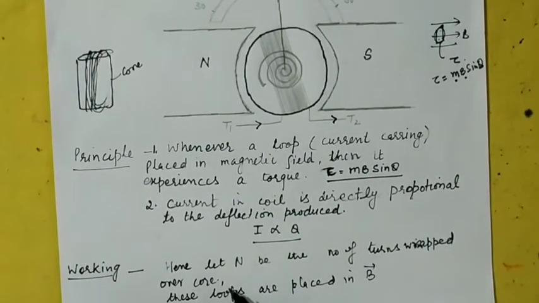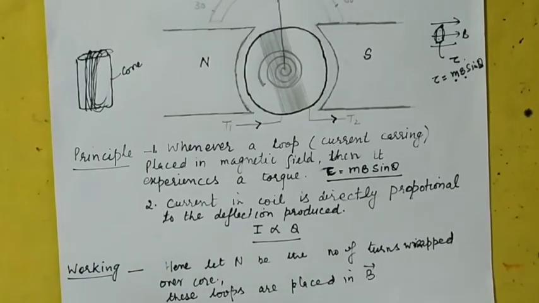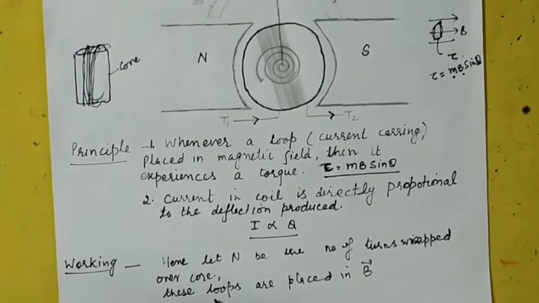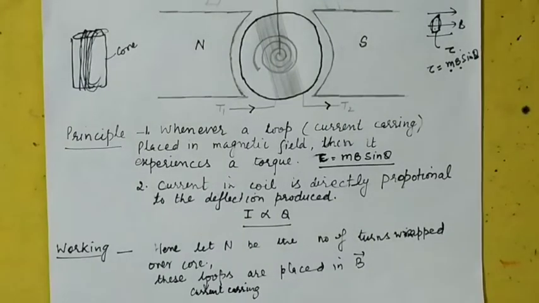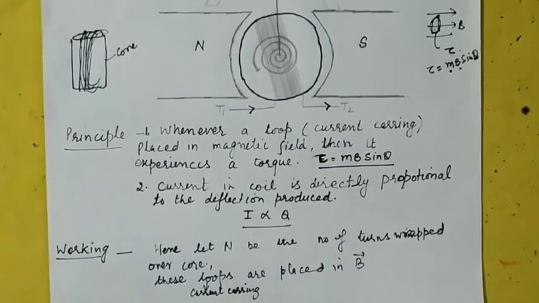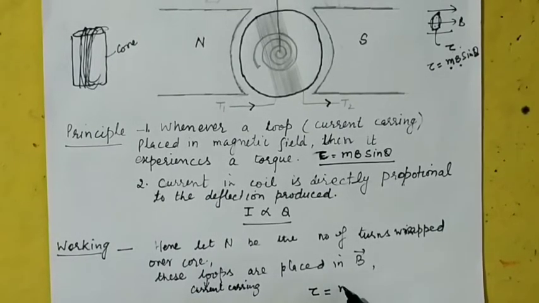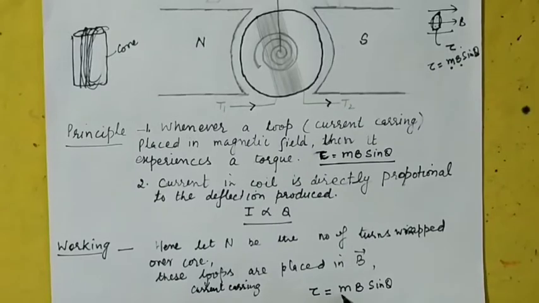So if there are capital N number of turns wrapped over it, and these current carrying loops are placed in a magnetic field, they will experience a torque, and the torque is equal to MB sin theta, where theta is the angle between the magnetic dipole moment and the magnetic field.